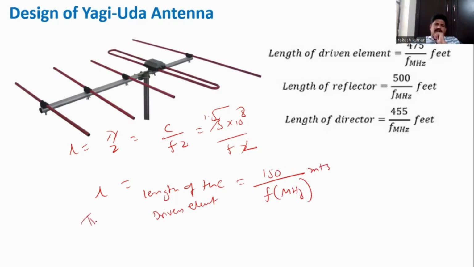So this is the theoretical derivation. But coming to the practical case, due to the electrical characteristics of the antenna, it is found that an antenna element will be 5% to 7% shorter in practice than that obtained using the exact form.